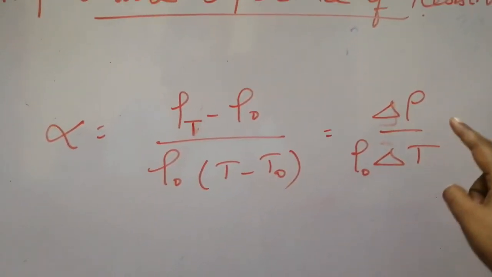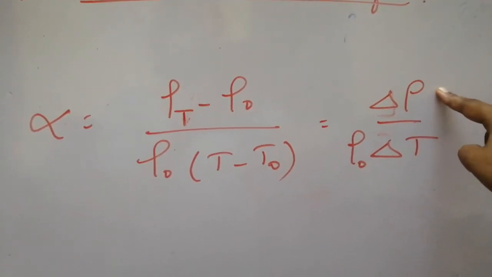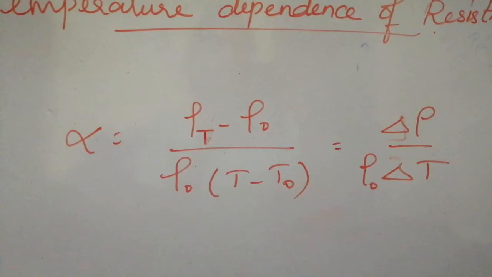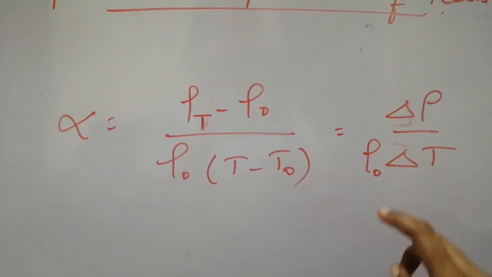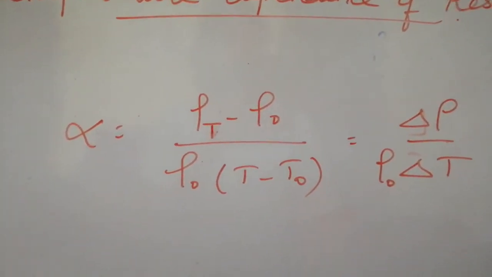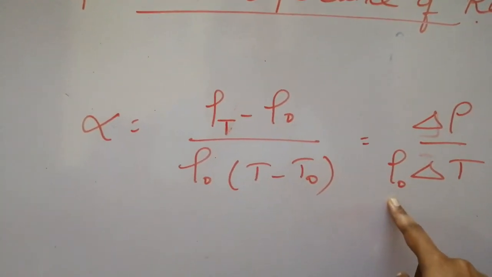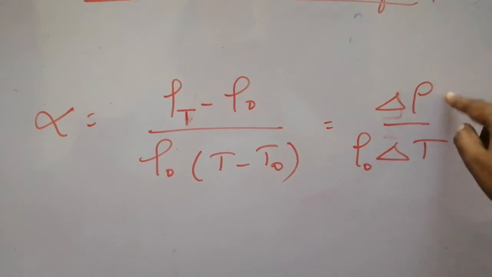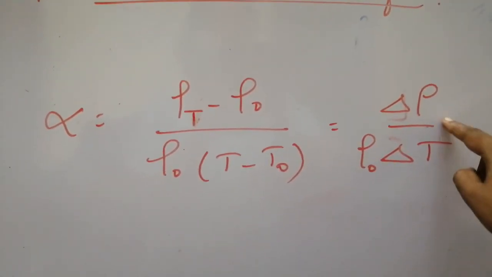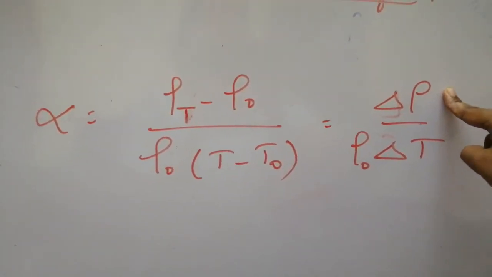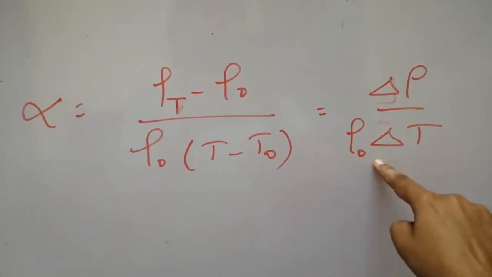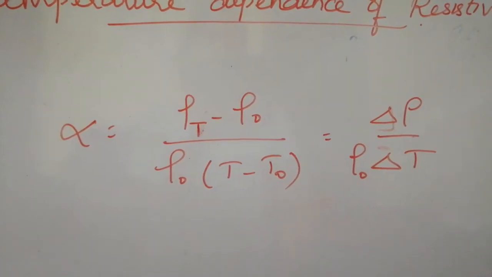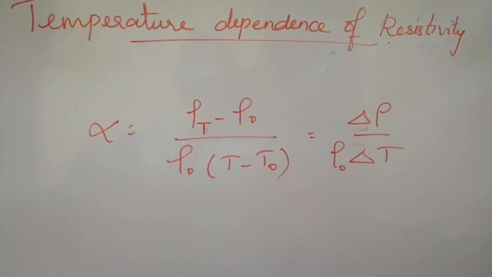So the ratio of increase in the resistivity per degree rise in temperature to its resistivity at temperature T naught, that is, the resistivity at 0 degree Celsius. So this is the definition here.